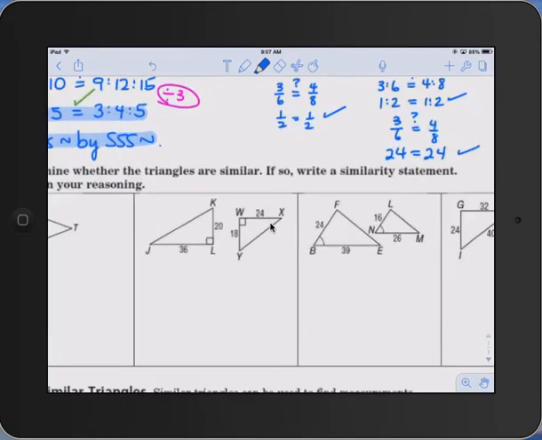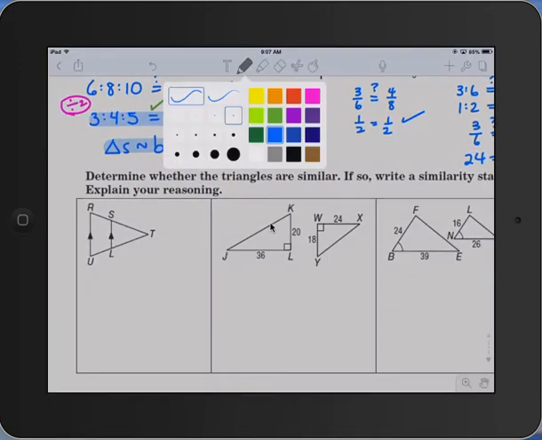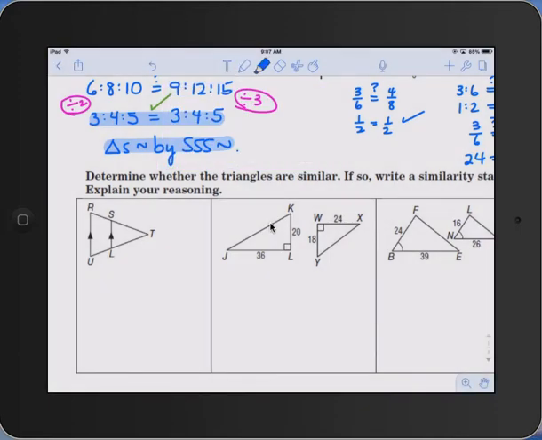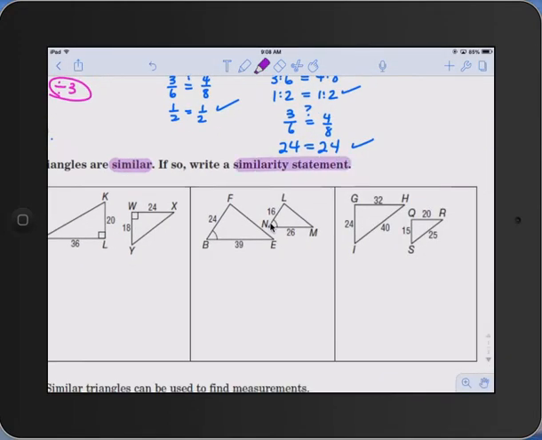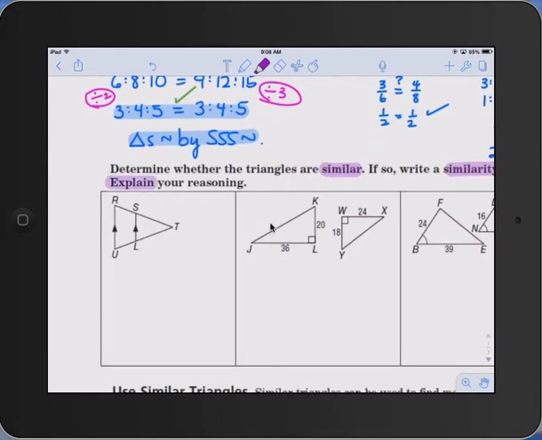Now for the next problem, it's saying determine whether the triangles are similar. If they are, write a similarity statement and then explain how you know.